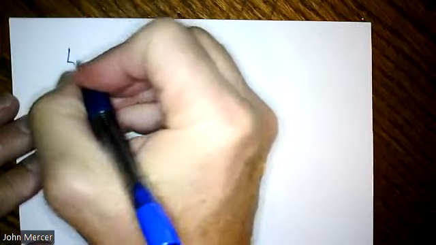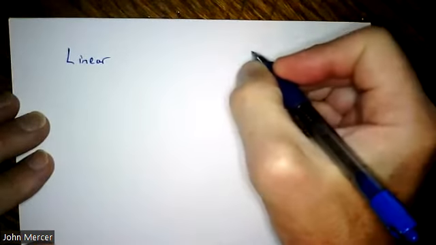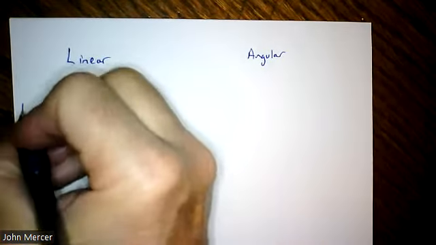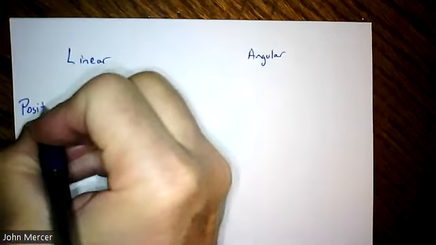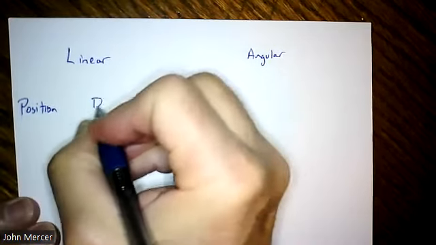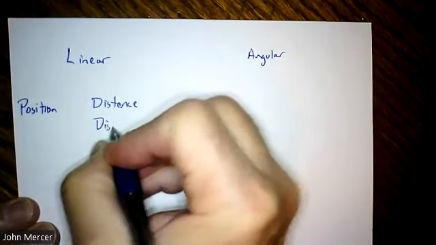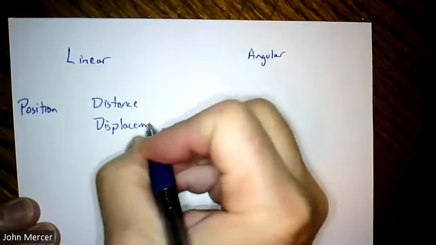All right, so now let's talk about our kinematic parameters. I'm going to write two columns here: linear and angular kinematic parameters. I'm going to start with position. We have distance and displacement.